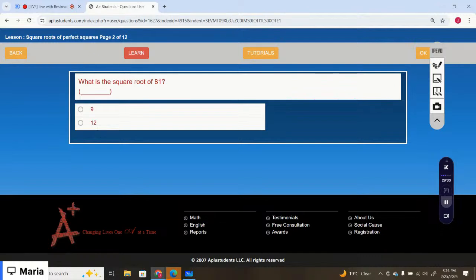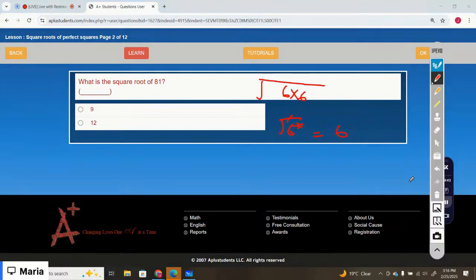What is the square root of 81? That is 9 times 9.